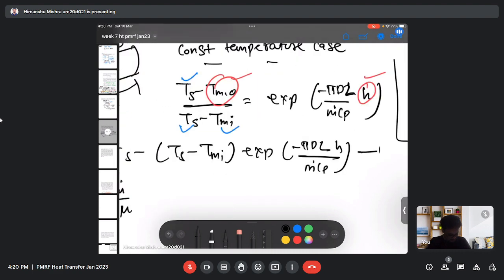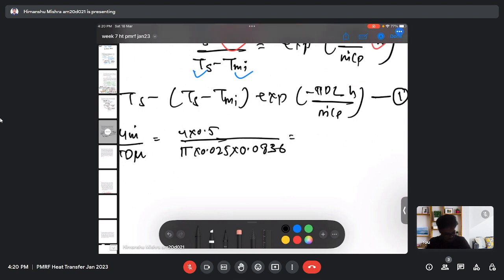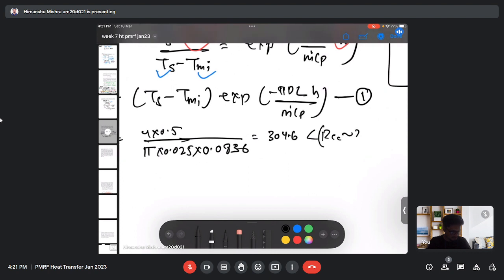So based on these properties, my Reynolds number will be, my dynamic viscosity is 0.0836, and my Reynolds number is 304.6, which is less than my critical Reynolds number, which is around 2300.